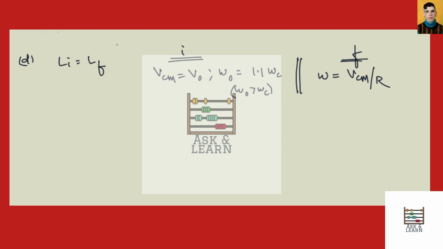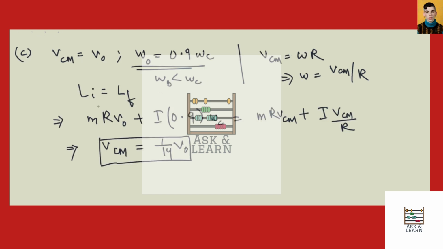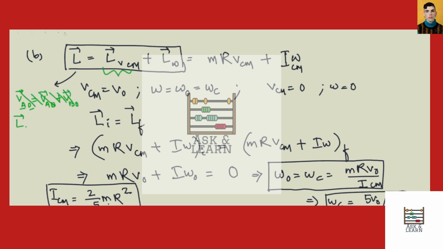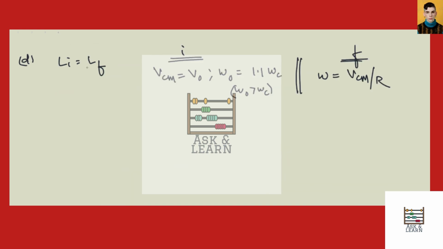Now let's plug this equation over here, including this, and you'll arrive at mrv naught plus I times 1.1 omega c equal to mr vcm plus I times omega, which can be written as vcm over r.